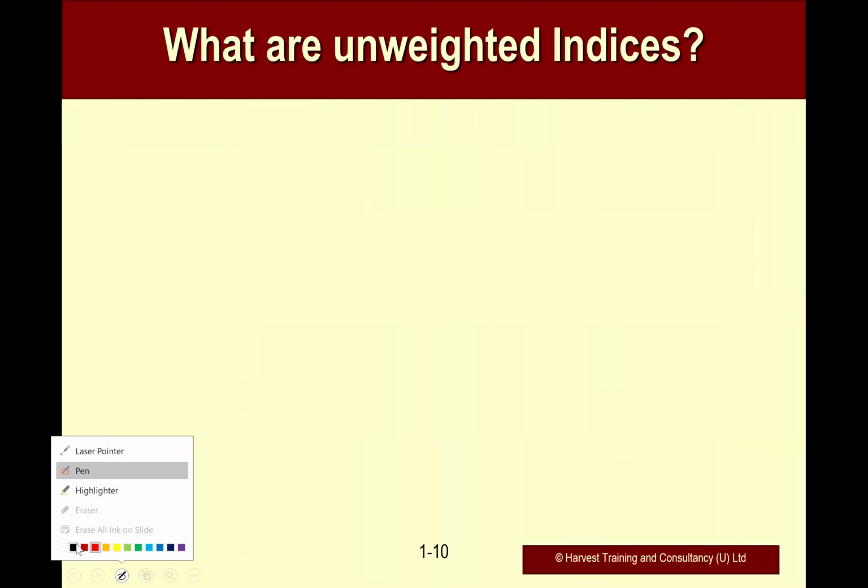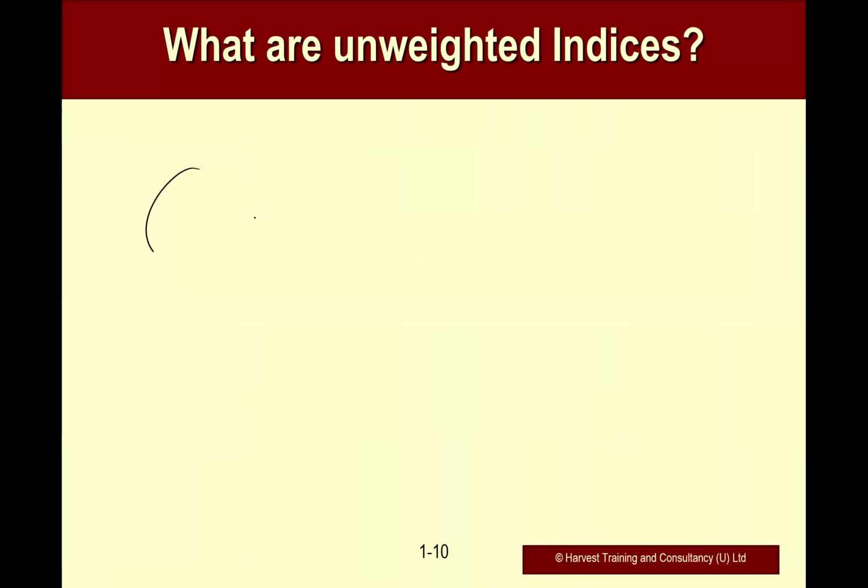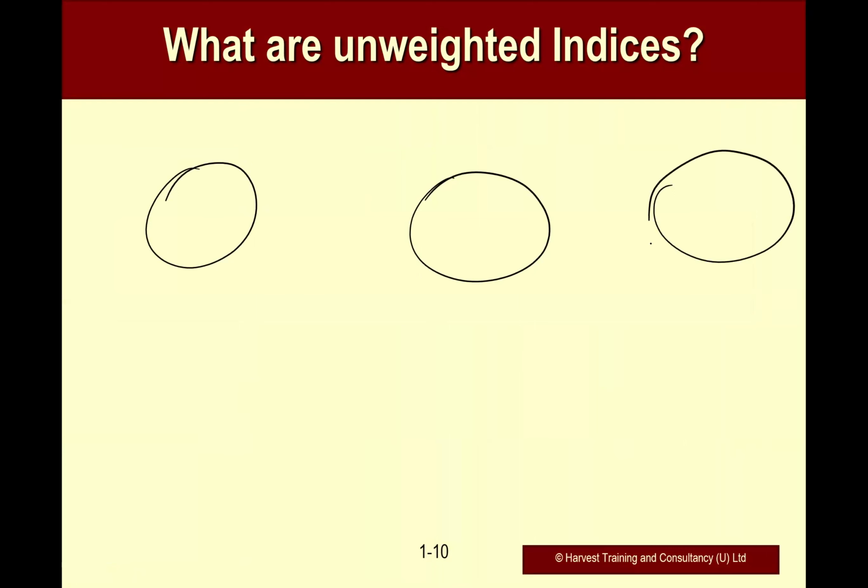Okay, if I give you three goods and I want you to rank, let me say this is water, this is food, and this is a car. Okay, A, B, C. In basket A, there is water.